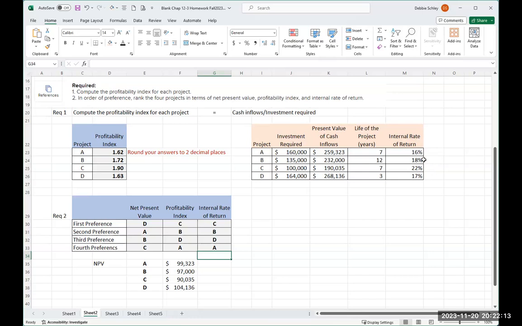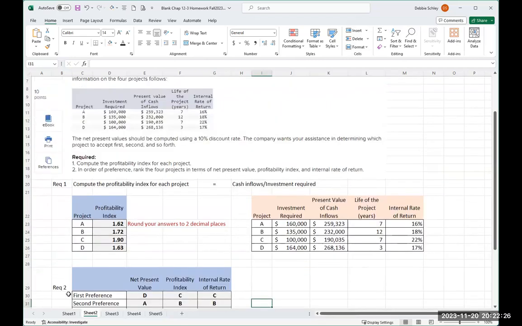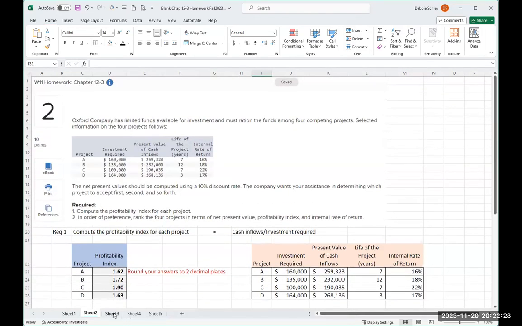So 22%, 18%, 17%, 16%. So again, look at the numbers that you were given and just rank them highest to lowest. So all of these, you're going highest to lowest, and that's required 2. Okay.